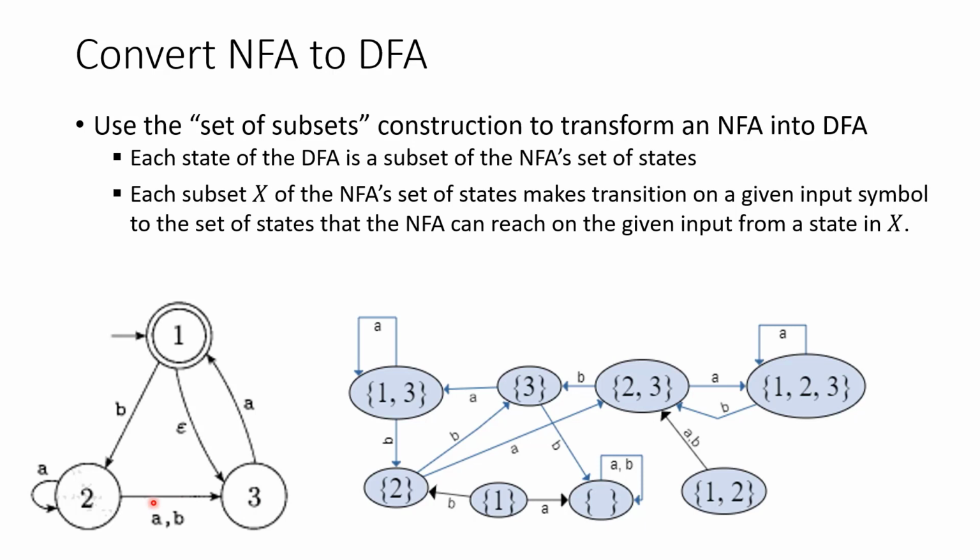And so the resulting set of states must contain 2 and 3. And for the state 3, when it's on the input symbol A, it will go to state 1. So from the subset of 2 and 3 and on input A, it will go to the subset containing 1, 2, and 3, of the DFA.